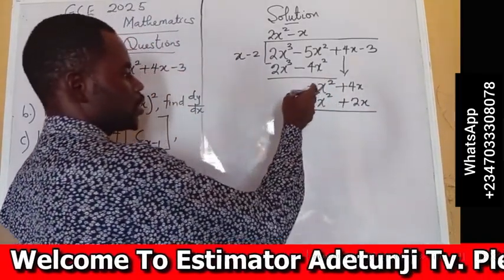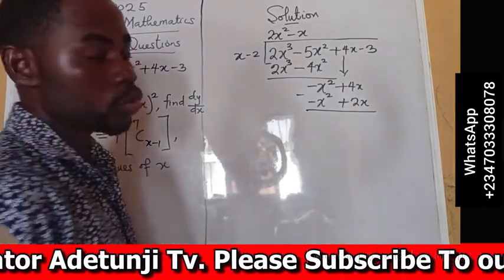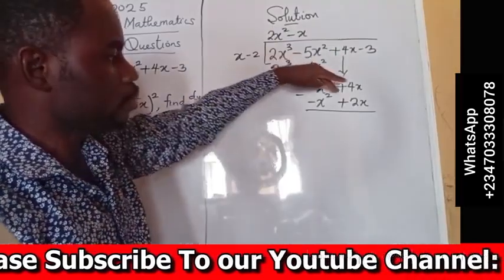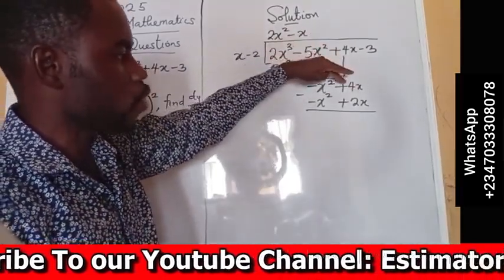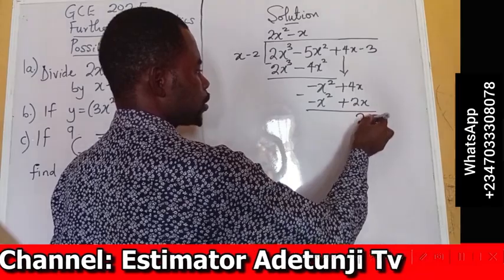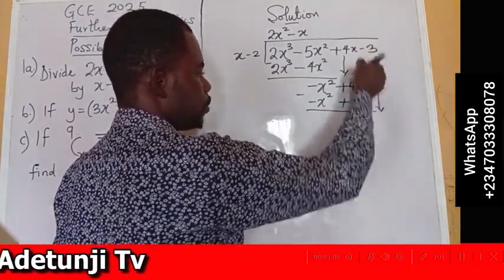Minus x squared minus minus x squared is automatically 0. So we now have 4x minus 2x, we are having 2x. So let's bring the last one down. We have negative 3 here.